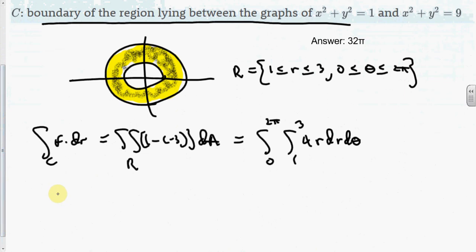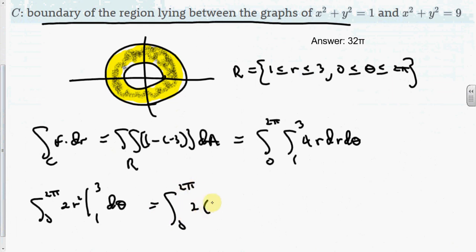So integrate with respect to r, the integral from 0 to 2 pi. So this is 4r squared over 2. It just becomes 2r squared, evaluated from 1 to 3. So this is the integral from 0 to 2 pi of 2 times 3 squared minus 2 times 1 squared d theta.